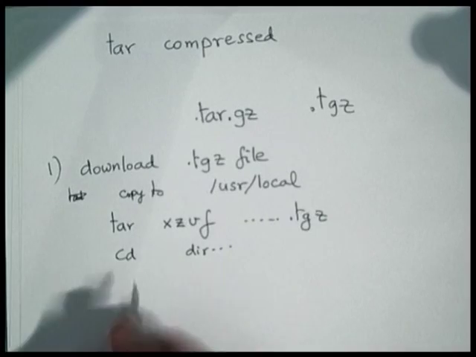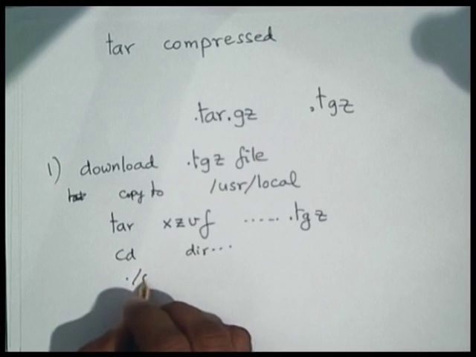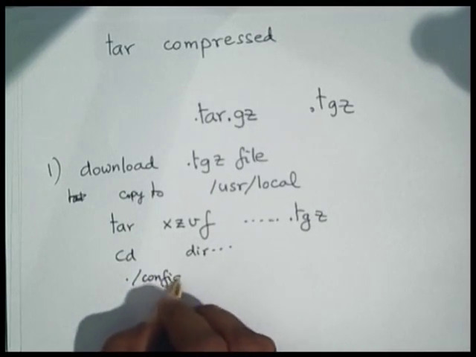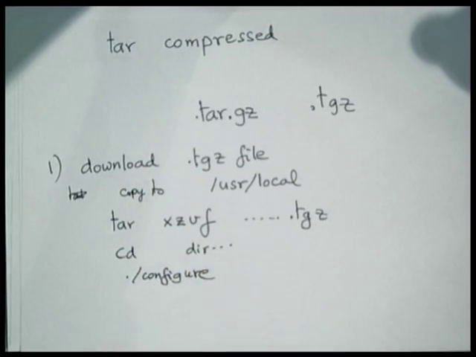Now this is the standard way of installing all programs. It comes with two or three utilities which have to be run one after the other. First you run configure. Configure is a program which looks for things which are required for running this program.